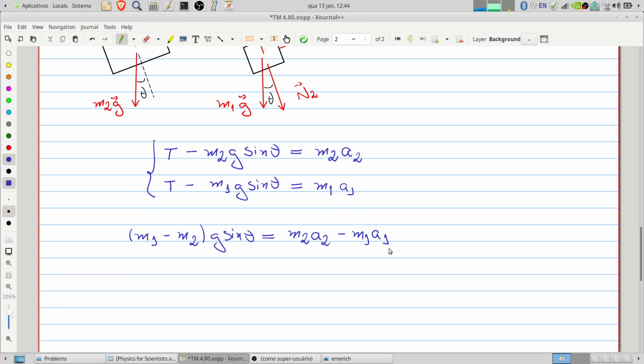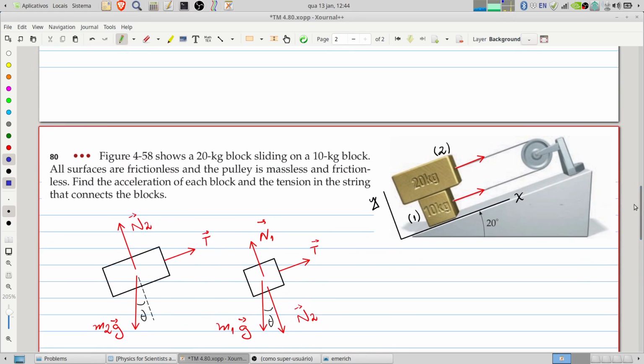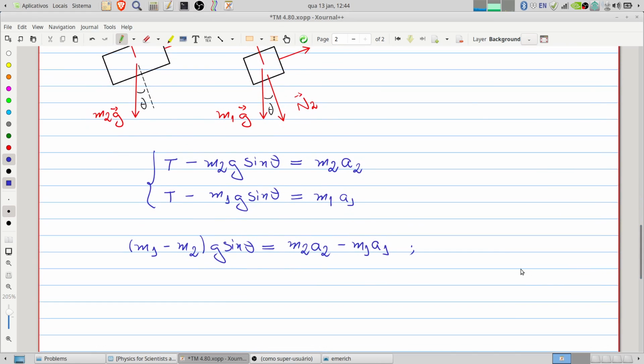So we have this equation, and now we can use that the accelerations of both blocks are related to each other. As block 1 goes upward, block 2 goes downward at the same rate. So we can write that a2 equals minus a1.